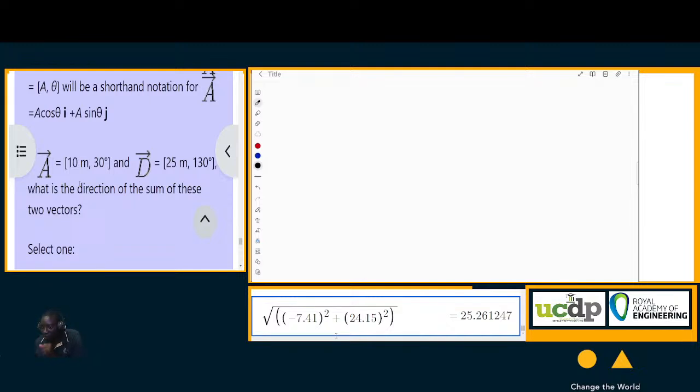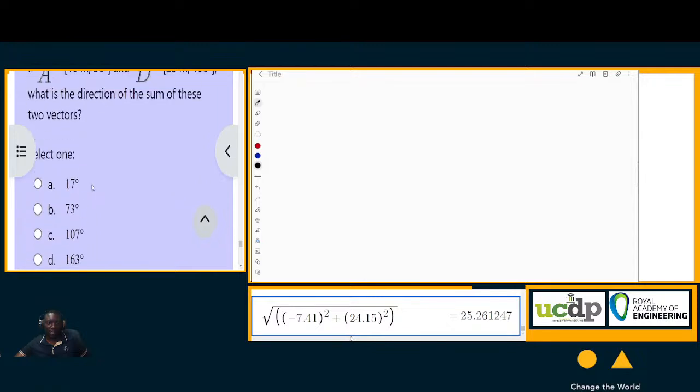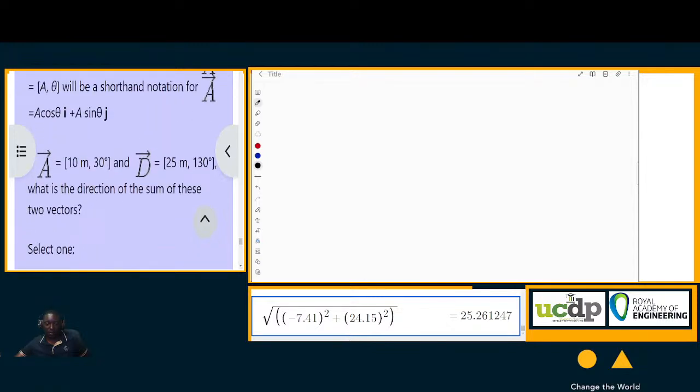107 degrees due to it being in the second quadrant. Wow. How did you get that? That's a good one. That's very correct. It's 107 degrees. But how did you get 107 degrees? Use the resultant equation and calculate theta.